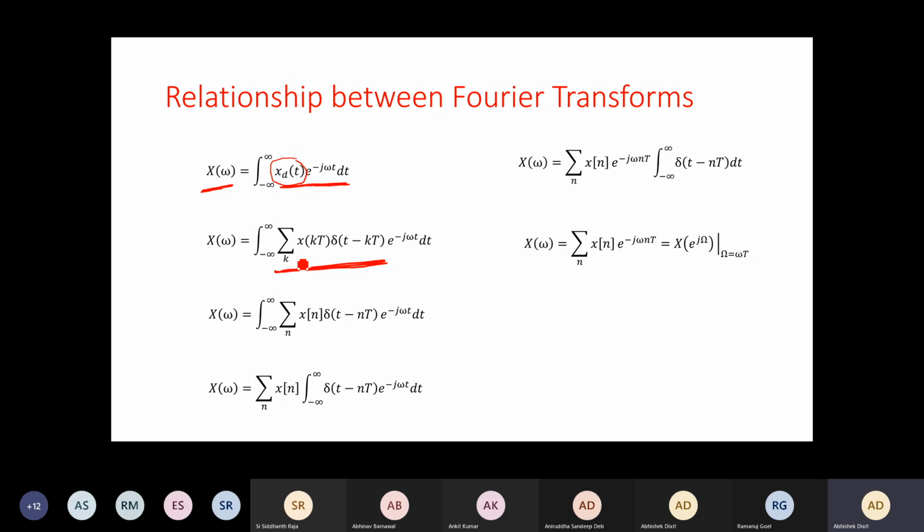Instead of using k, I can also use n. So instead of x(kT), I can also write this as x(nT). And this is nothing but x[n].